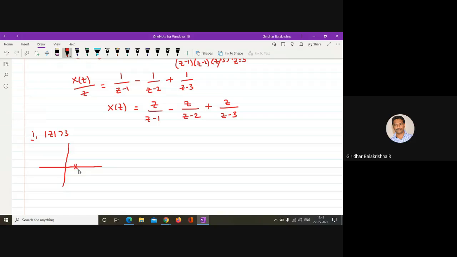How many poles are we having? Three poles. The first pole is at 1, so draw a circle corresponding to that. Next, the second pole is at 2, so draw a circle.